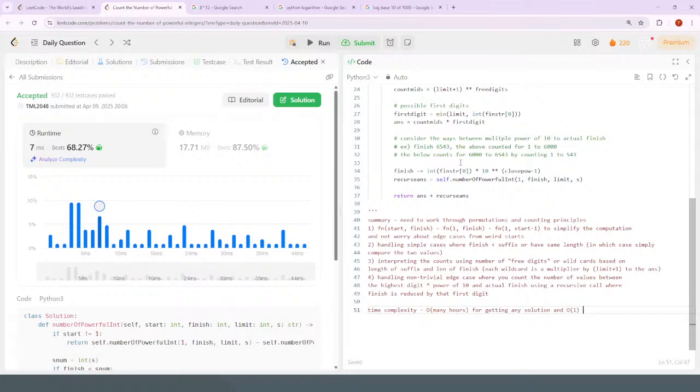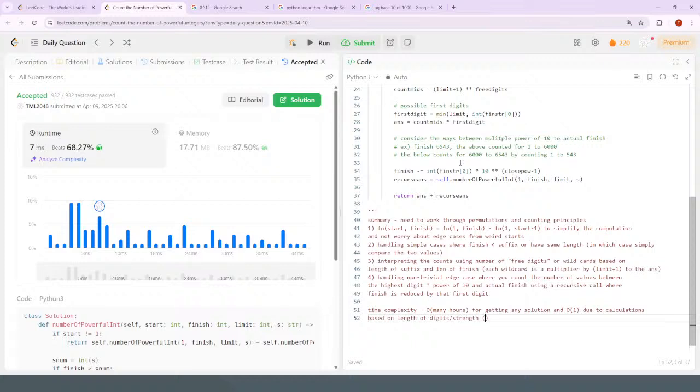Yeah, O(1), based on doing constant calculations based on length of digits and strings.